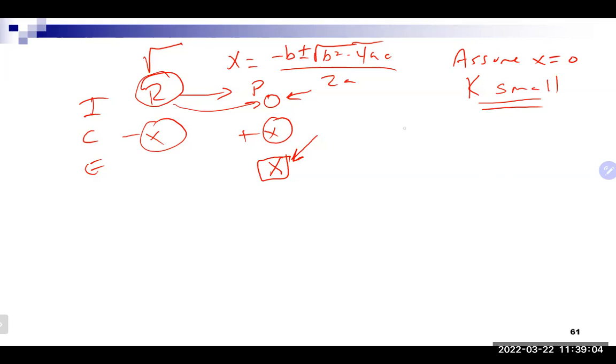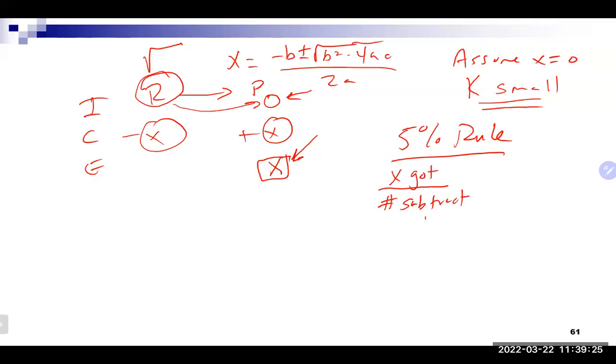Also remember that we do use the 5% rule here to check if our assumption is good or not. To do the 5% rule, you basically take the x value that you got, divide it by the number you were going to subtract or add x to, and multiply by 100%.